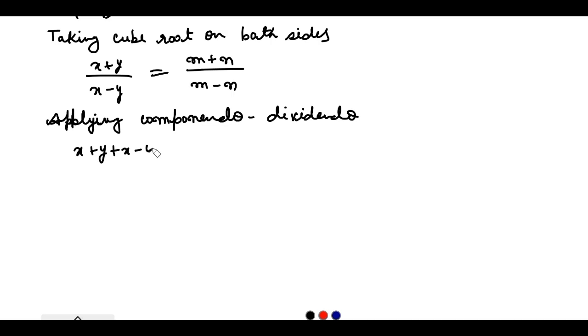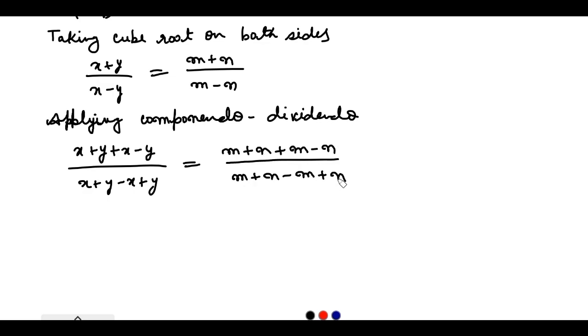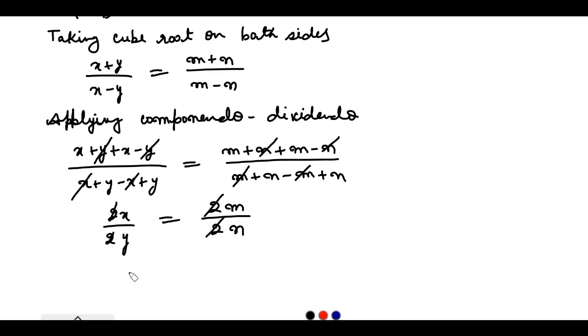Numerator plus denominator divided by numerator minus denominator, same on the right hand side. 2x upon 2y is equal to 2m upon 2n. Cross multiply: nx is equal to my. यही हमें प्रूव करना था.